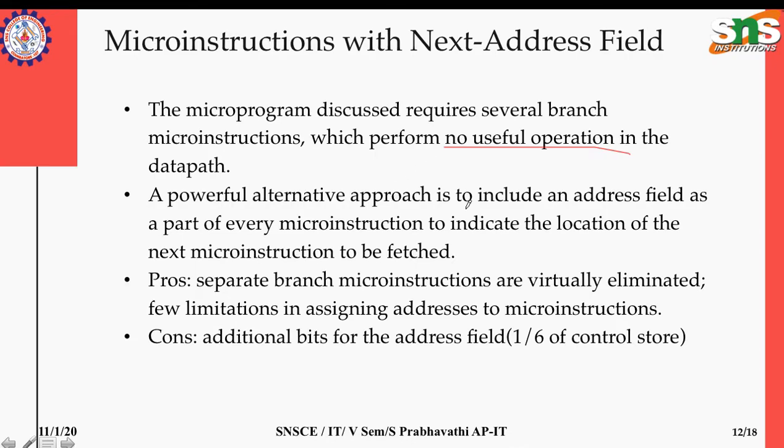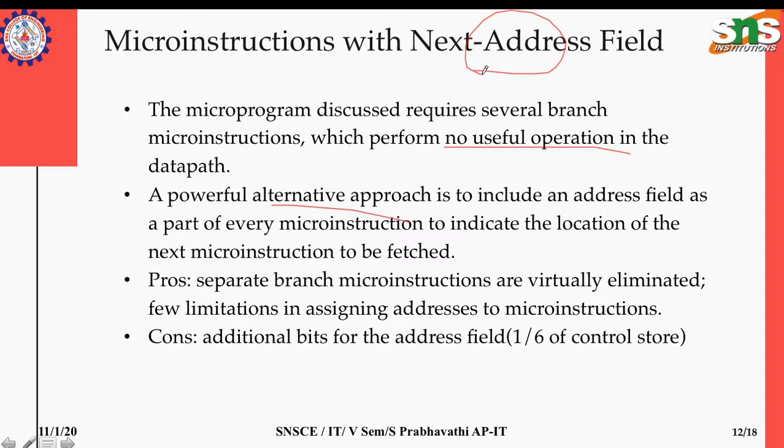There comes the alternate solution. The alternate approach is that each and every instruction will have a next address field itself. In the previous micro instructions we have discussed, the instruction register cares about the current instruction only, and the micro program counter takes care of fetching the next micro instruction.